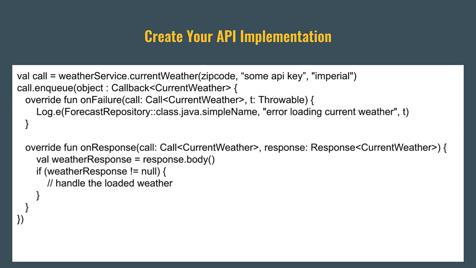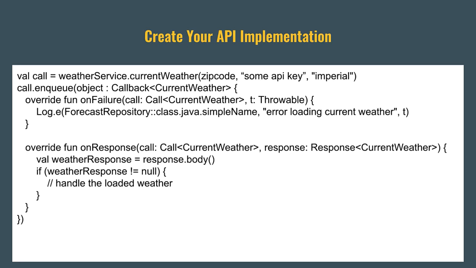Just to refresh and to bring it back, as we saw before, we're creating our call class to our weather service in this example here. When we call enqueue, we're then passing in that callback. So the work of enqueue is going to say, hey, some other thing on a background thread, make this API call to load the current weather.